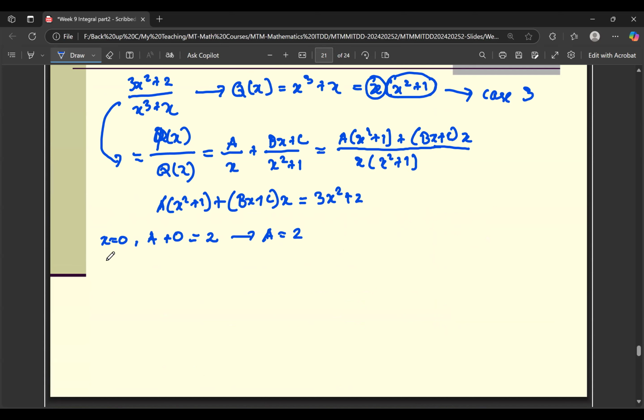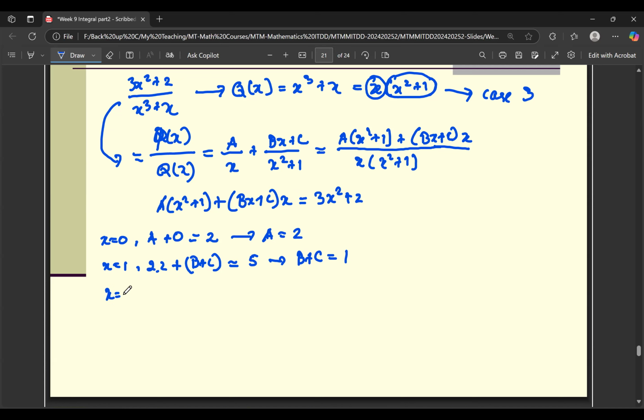Then we substitute another value of x, maybe 1, for example. Here we have A times 2, so 2 times 2, this is 4, plus (B plus C) multiplied by 1, and this will be 5. So we have the equation B plus C is equal to 5 minus 4, which is 1.